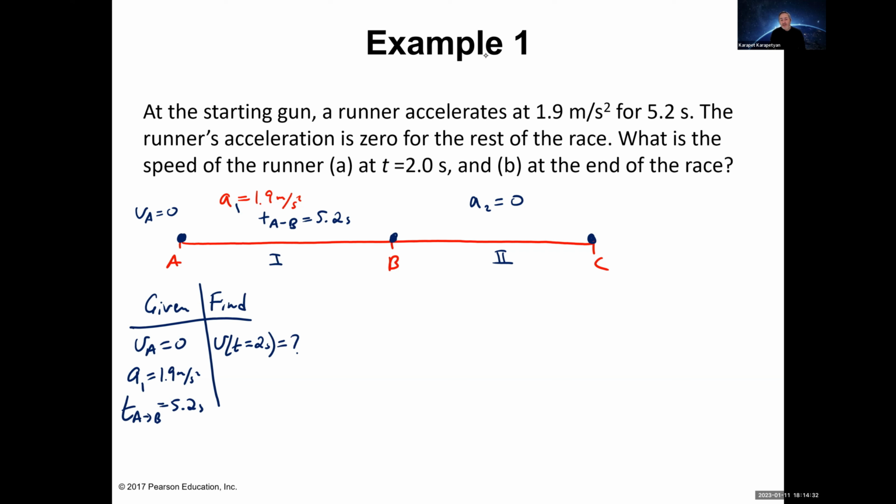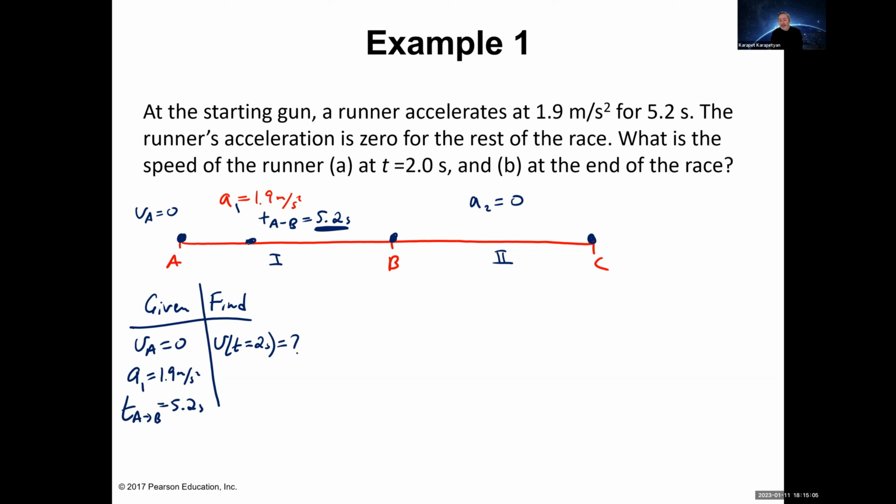Is this the velocity during the first segment of the motion or the second segment? The first segment, right? Because we know that we are in this first segment where we are accelerating for 5.2 seconds. So the 2 seconds is less than 5.2 seconds. That means you're probably somewhere still over here and you are accelerating.